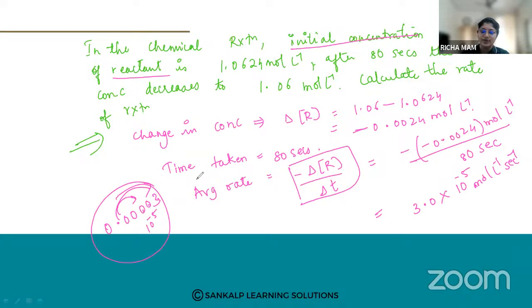Got it? Like this we are going to find it. Is it clear? What is the rate of reaction, what is the average rate of reaction and what is the instantaneous rate of reaction? Yes, it is clear.